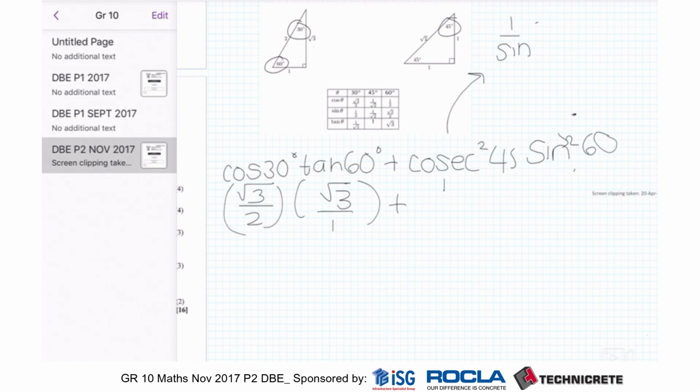So cosec 45 is going to be 1 over sine, and that is 1 over 1 over root 2, so it's going to be root 2. Remember that that is still squared. And then we've got the sine squared 60. So sine is opposite over hypotenuse, so it's going to be root 3 over 2 squared.